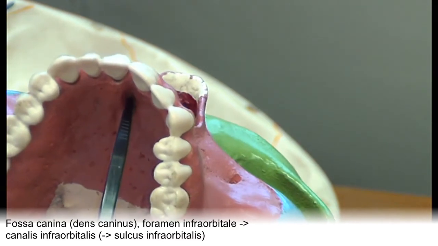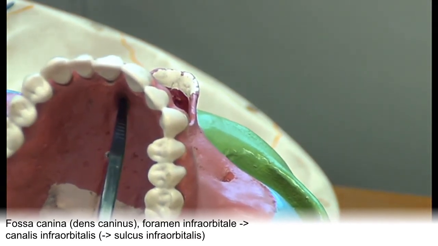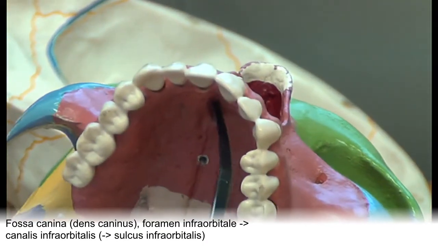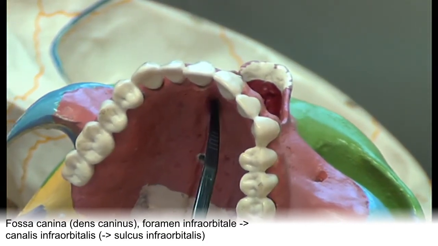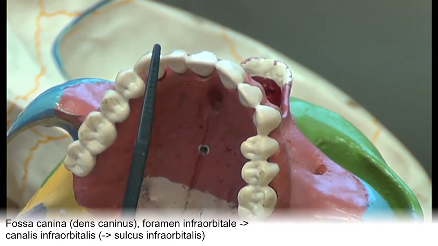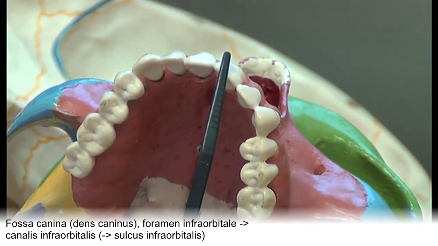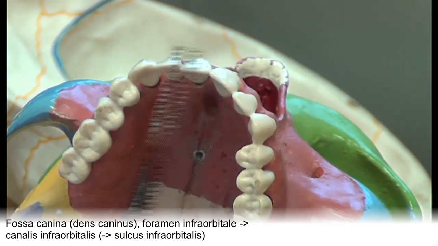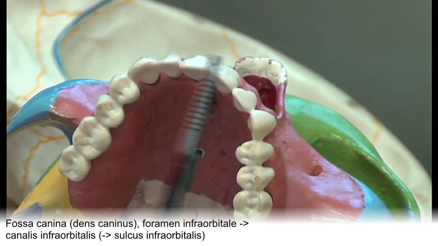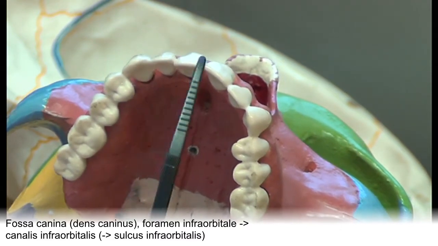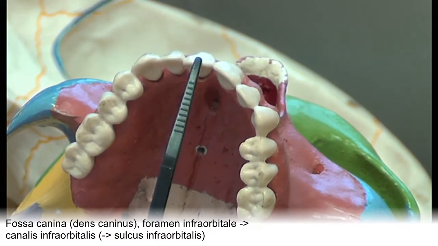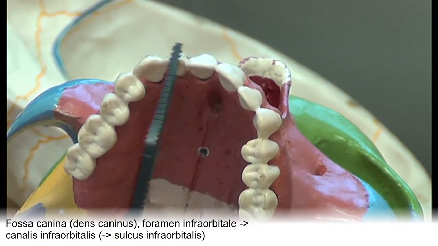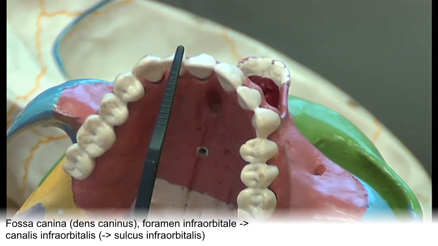For example, women, when they sew a garment, very often cut the thread with these teeth. So these dentes incisivi serve for cutting any subjects.